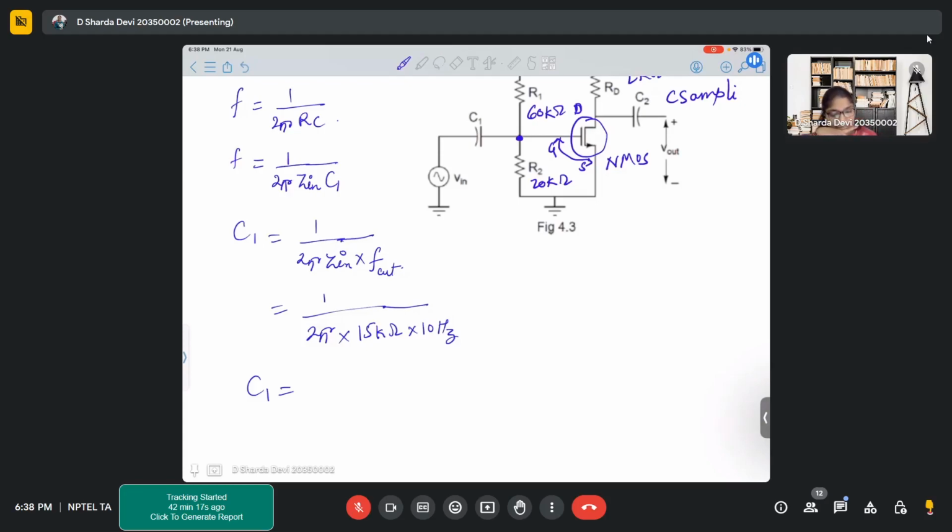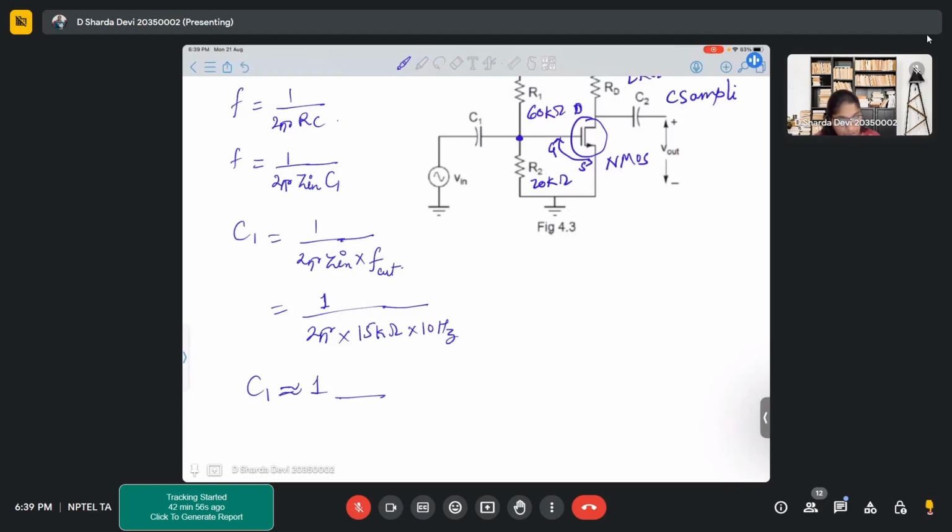What is the value of C1? Is it some value close to 1?